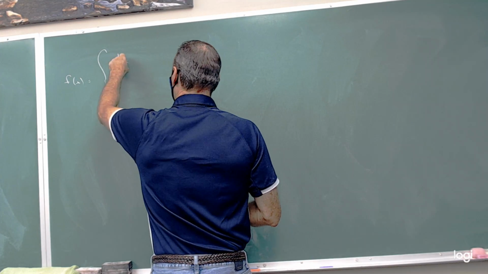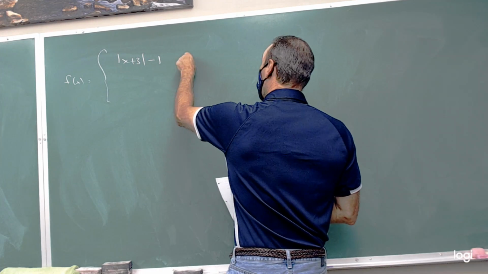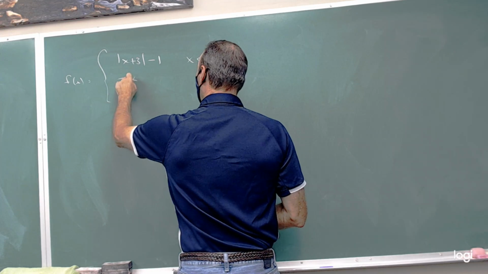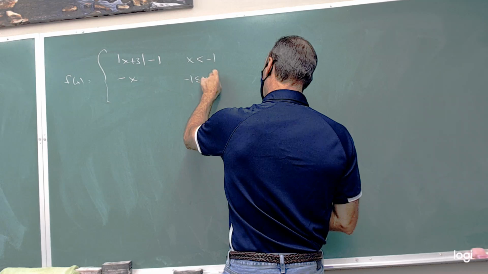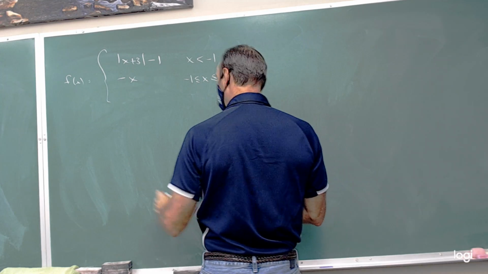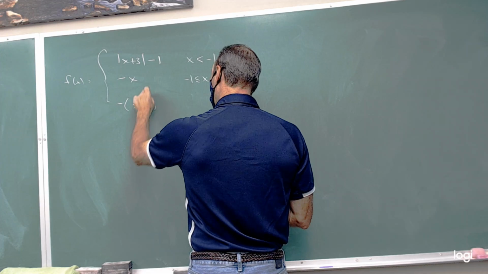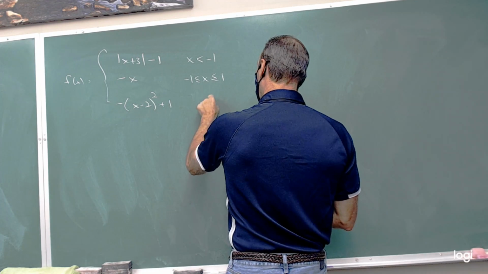Suppose we do the absolute value of x plus 3 minus 1 for x less than negative 1. We'll say negative x for negative 1 less than or equal to x less than or equal to positive 1, and negative parentheses x minus 2 squared plus 1 for x greater than 1.